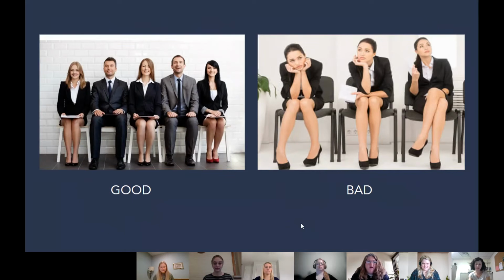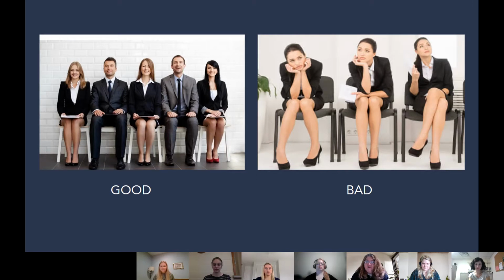So when I look at her, she does not look interested because she's not maintaining that eye contact. Her leg posture is also perhaps not appropriate for a more formal situation.